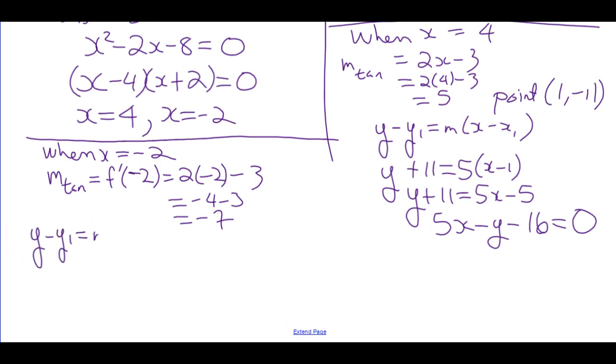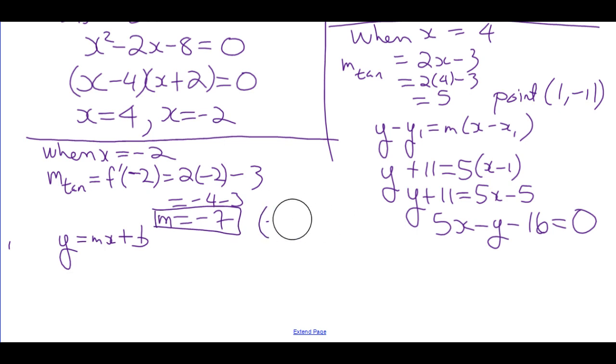Let's use a different one. What point am I going to use? Okay, so again, let's use the point 1, negative 11, because really, do you want to be calculating the coordinates?